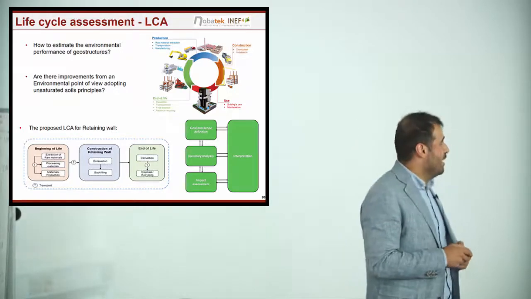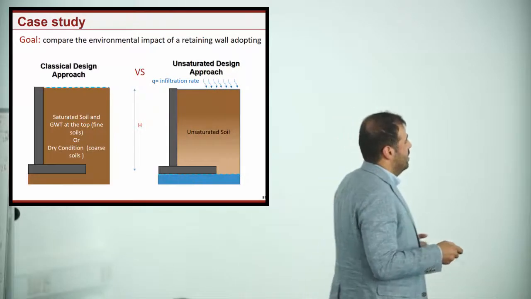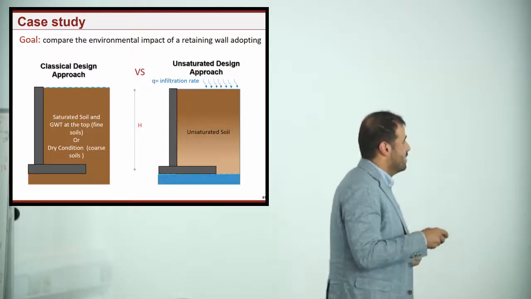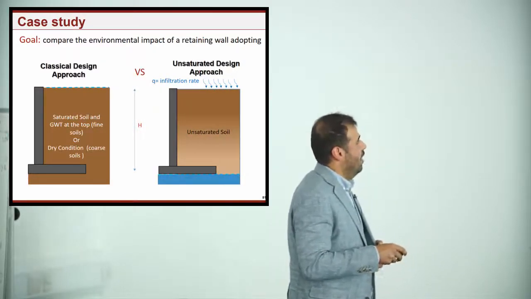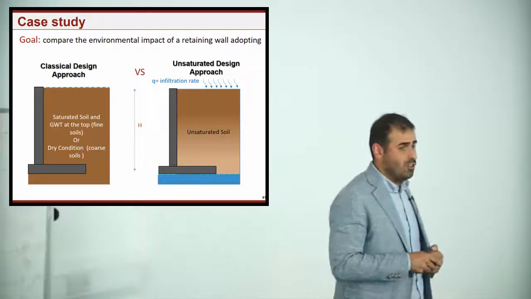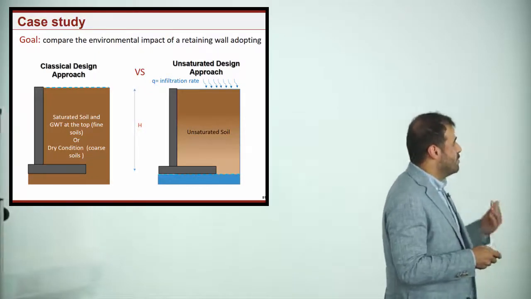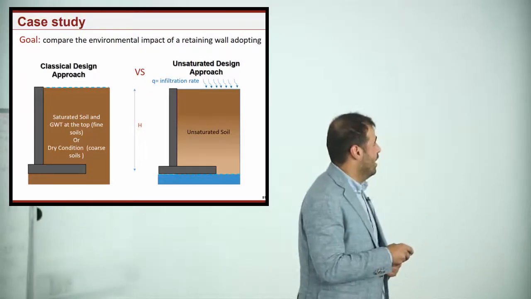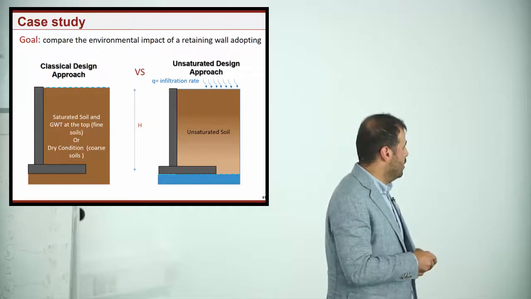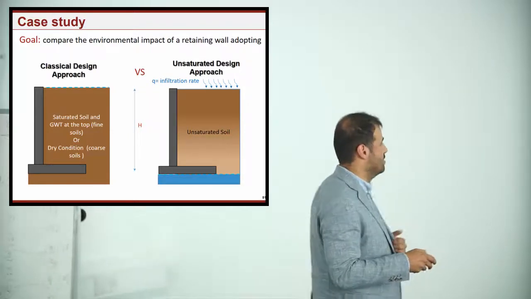We compared three types of soils as retained soil for a retaining wall, considering the unsaturated design approach, using all the approaches that I've shown you before, compared to the case where the wall has been designed considering the soil totally saturated, with the groundwater table at the top.